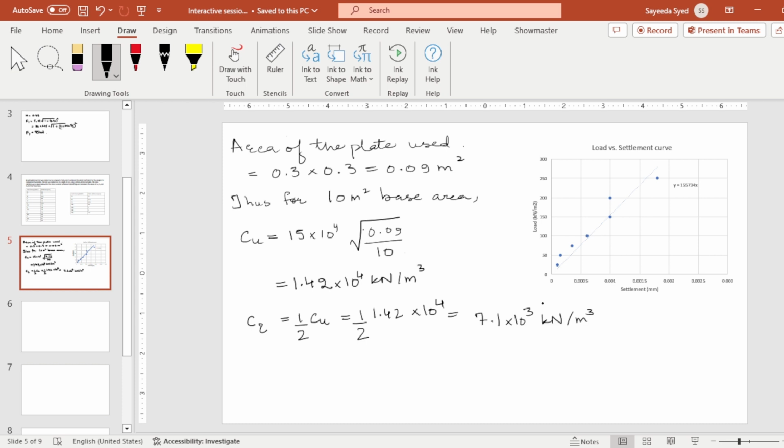And let's calculate the C phi. Now C phi will be equal to 1.73 into 1.42 into 10 to the power 4, which will be 2.46 into 10 to the power 4 kilonewton per meter cube. So that is about this question.